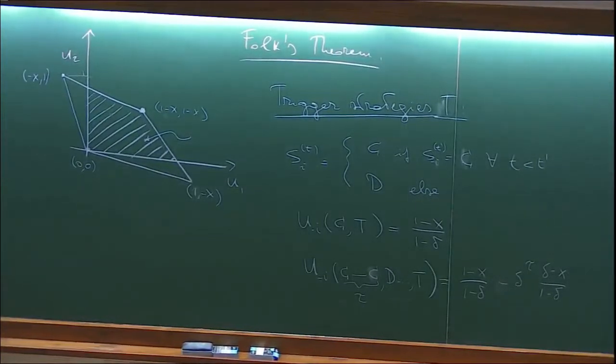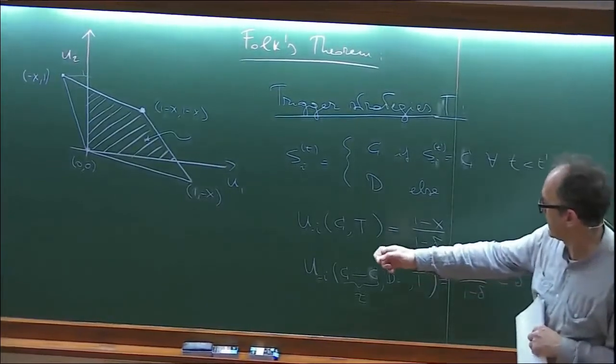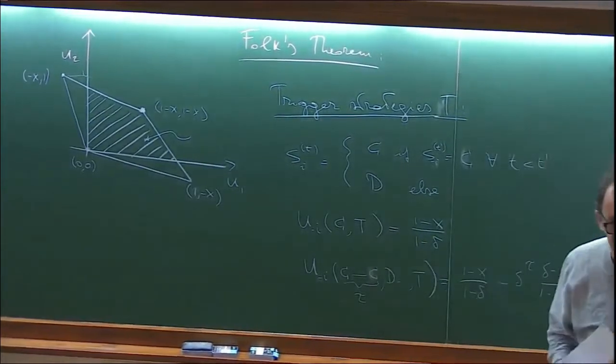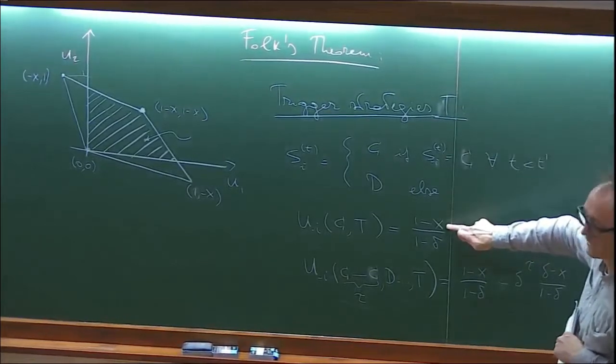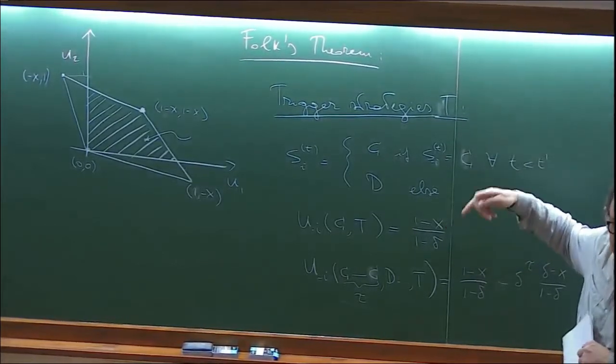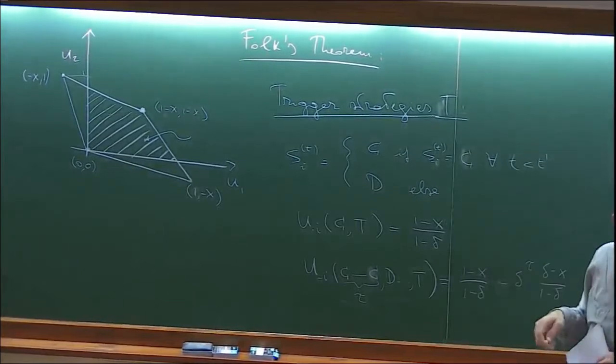Okay, so what this means is that if the guy is playing a trigger strategy, then I should always cooperate, but actually if I cooperate, that would not be credible for agent 1. So I should also play a trigger strategy. So the trigger strategy is a Nash equilibrium, and by this trigger strategy, what I achieve is a payoff of 1 minus x per game at every stage.